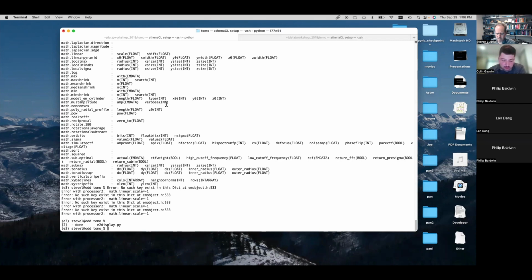Yeah, that's pretty much it. They're calling it the Ctf deconvolution, and it doesn't make a whole lot of sense to me because it's doing it on the actual tomogram. Other than looking at their code, I'm not sure how to figure out what exactly they're doing.